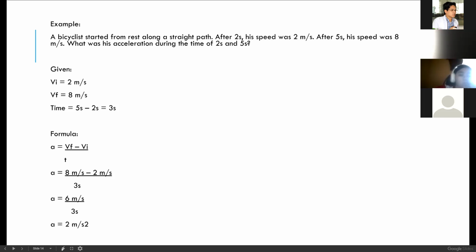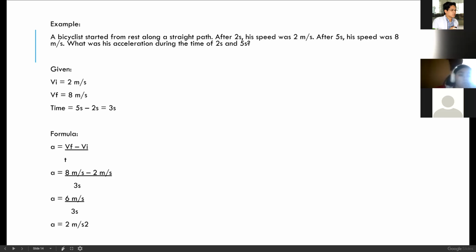And the time is 5 seconds and 2 seconds. So you need to get the difference of the two times. So 5 seconds minus 2, that's 3 seconds. Okay, substitute.